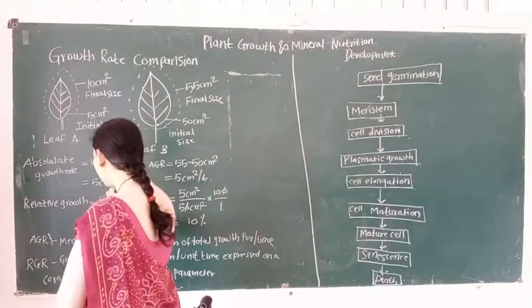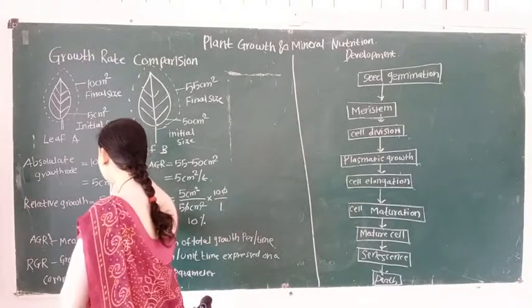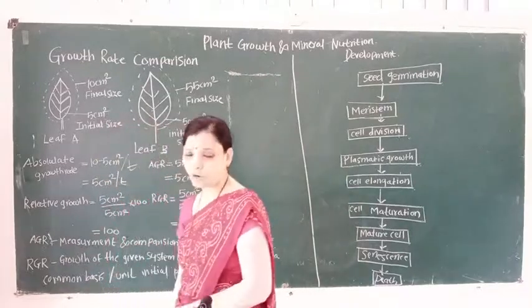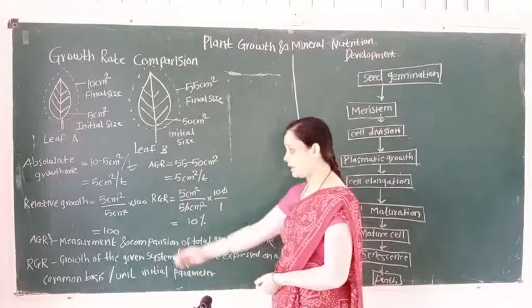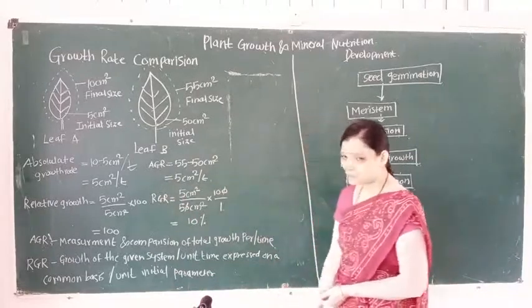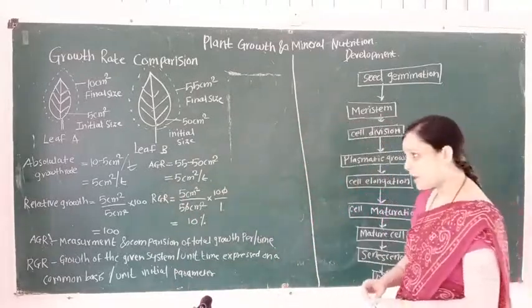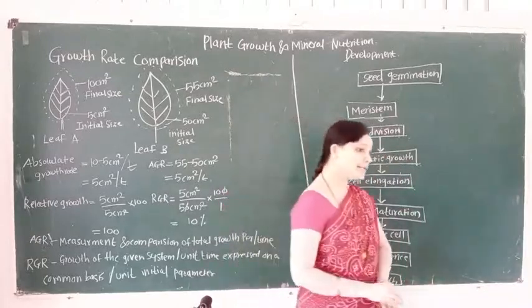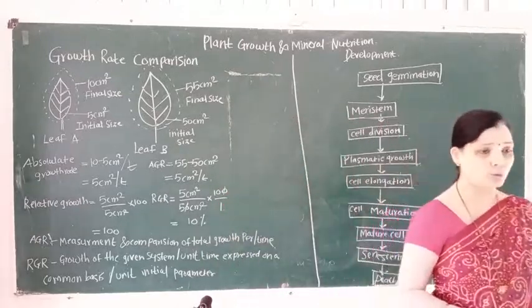So the answer is 5 centimeter square per time t. This is called the absolute growth rate. Absolute growth rate means the measurement and comparison of total growth per unit time.